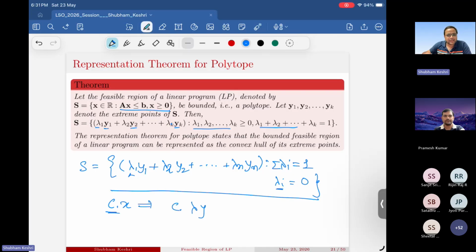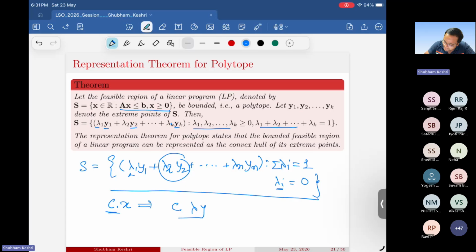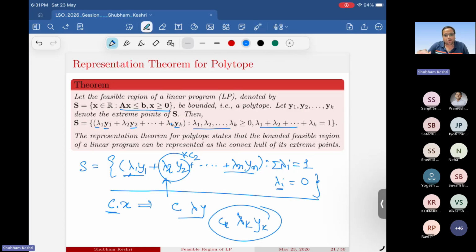I have not written it correctly because it is in vector form, but nevertheless, it is something like this. Now suppose this term, c2 times y2, is maximum. If this is maximum, you will just plug lambda2 as 1 and all other lambdas as 0. Or suppose lambda k, y k, c k is the highest among all others.